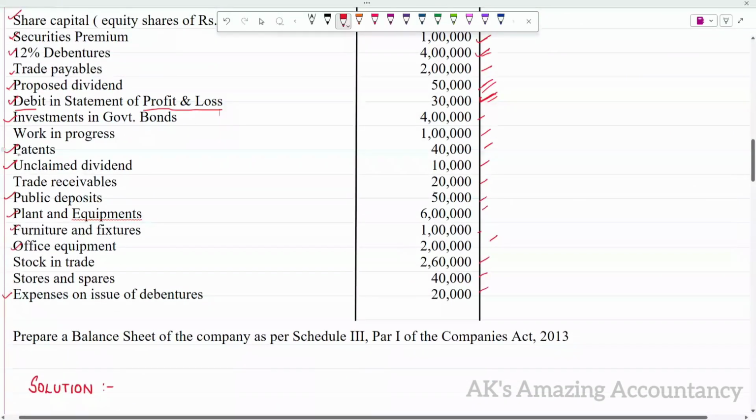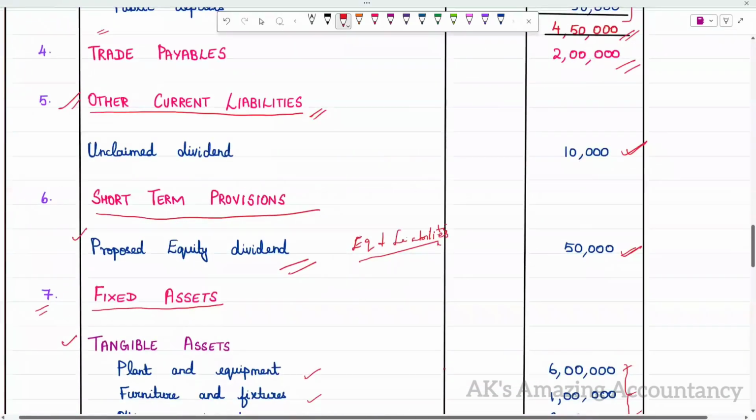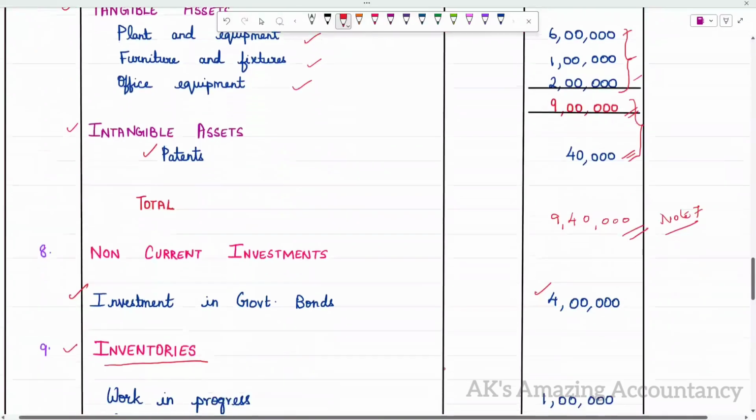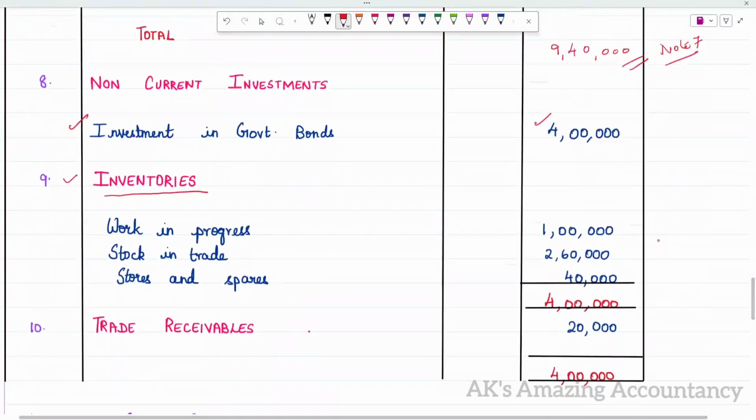See this here. Work in progress, this will come. Then apart from work in progress, you have stock in trade, stores and spares. So all this will come under this particular note, that is note 9, inventories. So we'll be entering work in progress 1 lakh, stock in trade 2,60,000, stores and spares 40,000. Put together, it will be giving us a total of 4 lakhs.